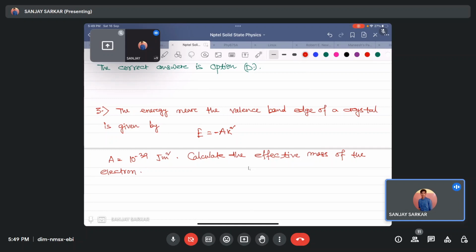So this is the problem. Let me know the answer. So this is the same question. You need to do the double derivative of energy and then put the values of h bar square and A, and then calculate it.